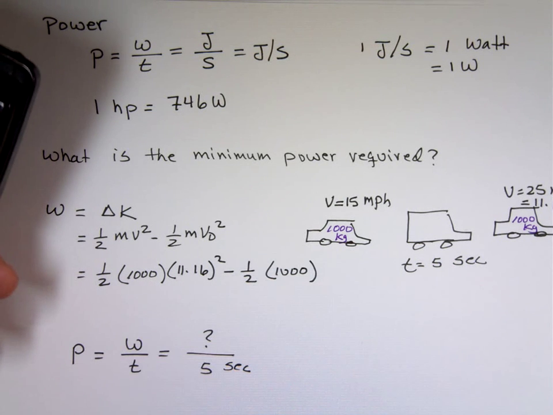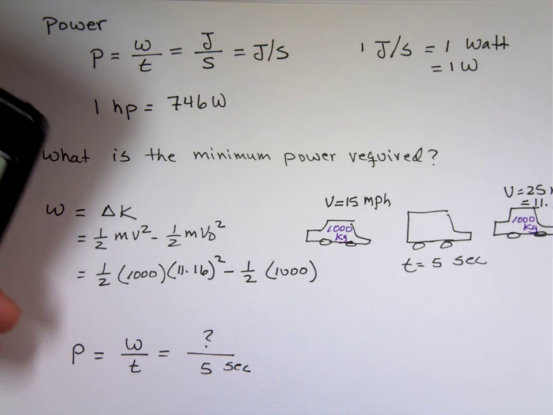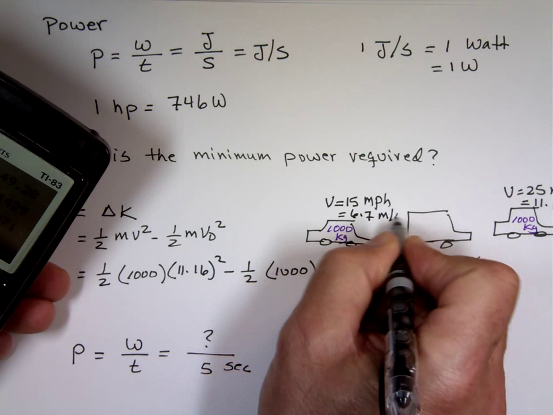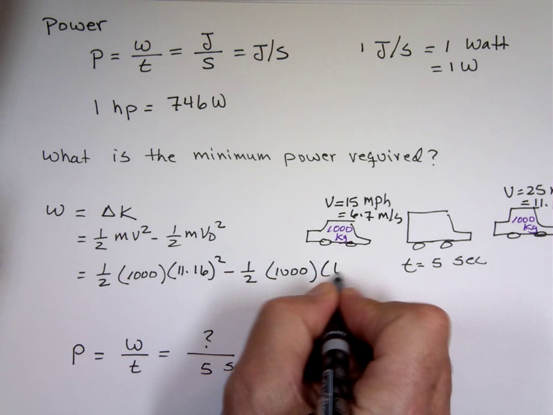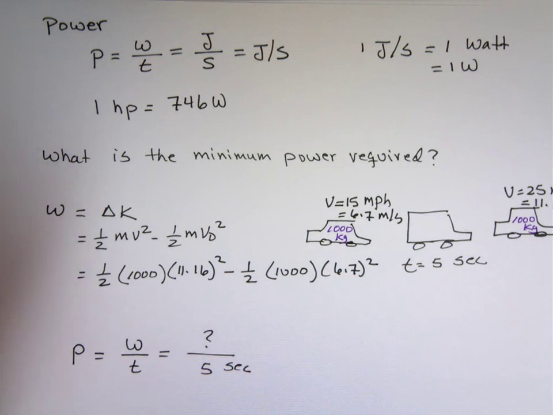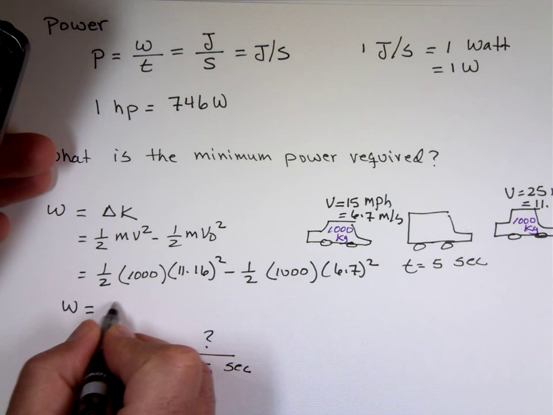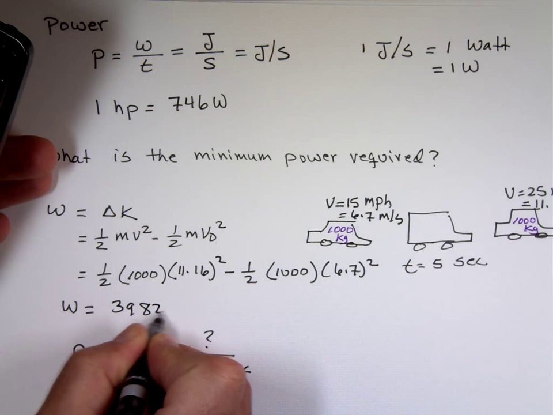The initial velocity, 15, divided by 2.24, is 6.70 meters per second. So 11.16 squared... I got the amount of work to be 39828 joules.